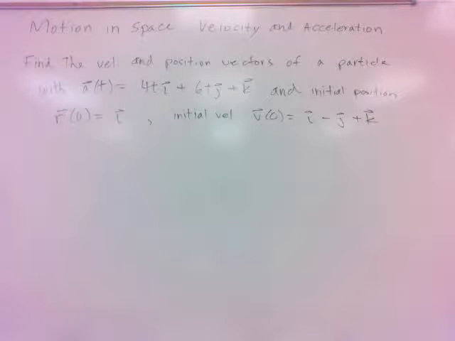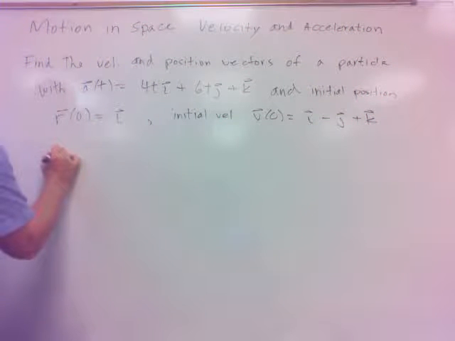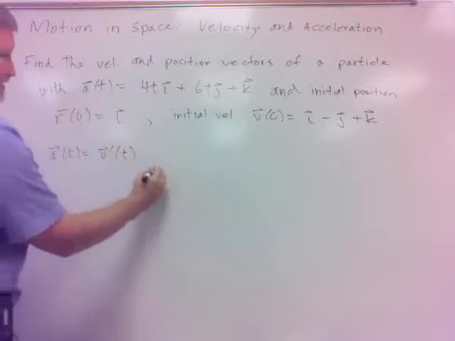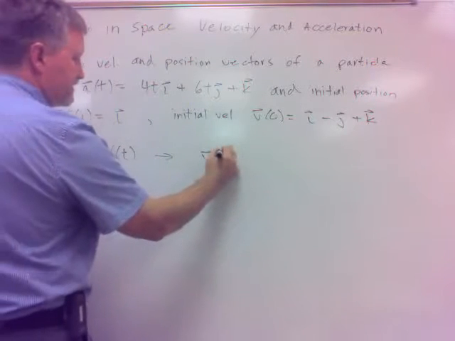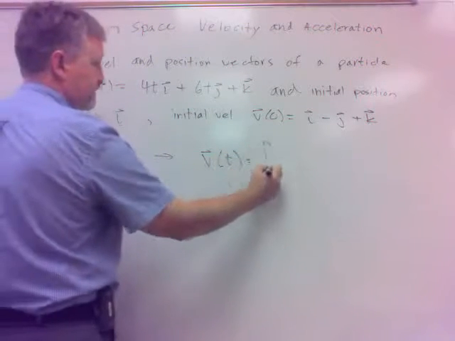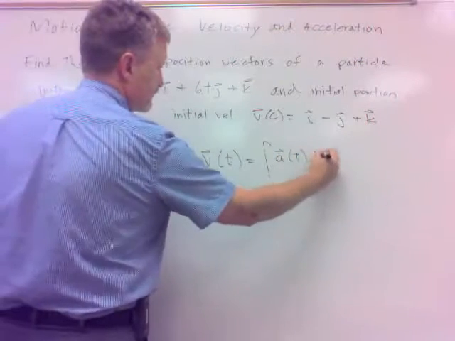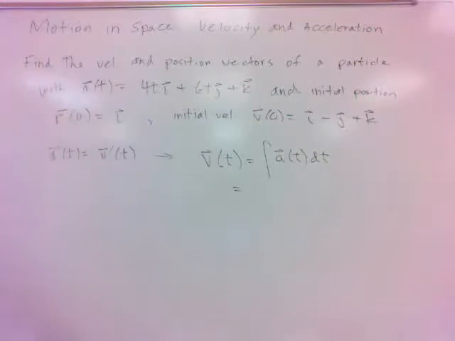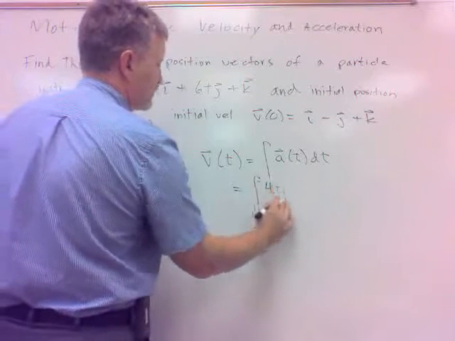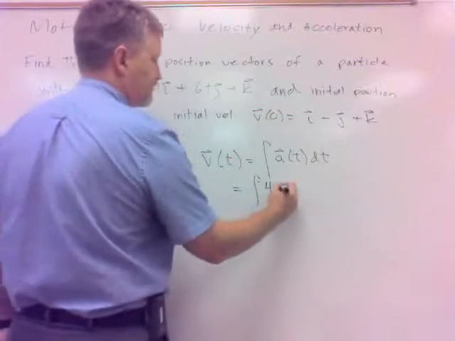So we kind of have to go the other direction on this one, because we were given the acceleration. Since we know that the acceleration is the derivative of the velocity vector, what is the velocity in terms of acceleration? That would be the integral, right? So we're going to integrate our acceleration vector to find the velocity vector.